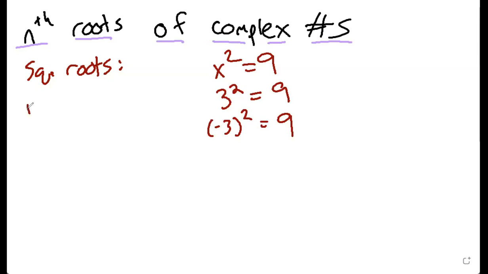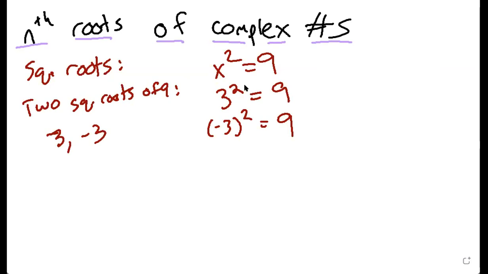So we can see there are 2 square roots of 9, 3 and -3.